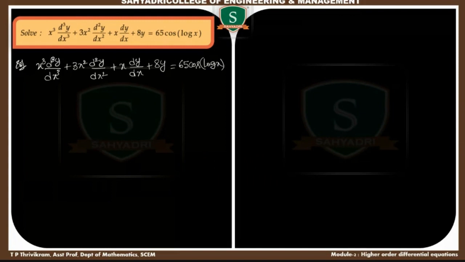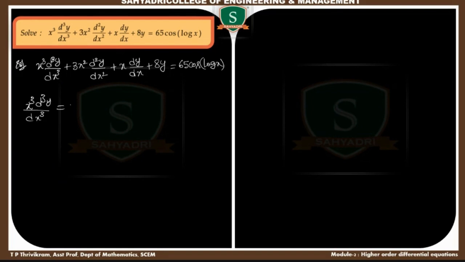Now the substitutions we have to make: x cube d cube y by dx cube is equal to d into d minus 1 into d minus 2 into y. That is, 3 minus 1 is 2, up to 2 we have to stop.